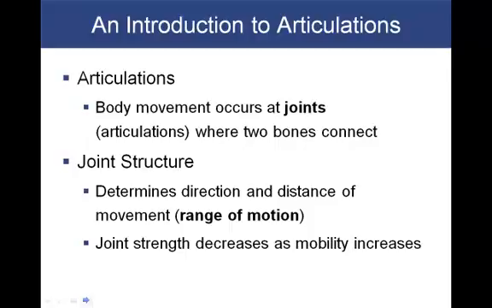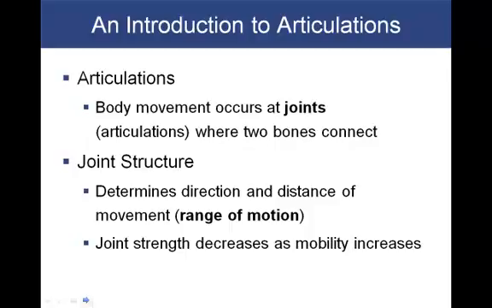Articulations. When two bones articulate, they come together. And when two bones come together, they form a structure known as a joint. Joint structure determines the range of motion associated with that joint. So it determines the types of motions that are possible.